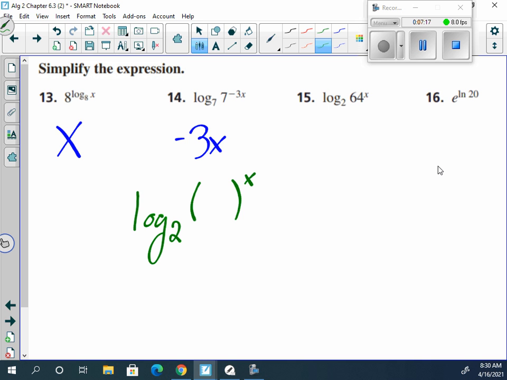So we really want 64 to be 2 to a power, because that'd be nice. So we can go through and do the multiples of 2. Well, 2 squared is 4, times 2 is 8, times 2 is 16, times 2 is 32, times 2 is... So it would be 2 to the 6th power.